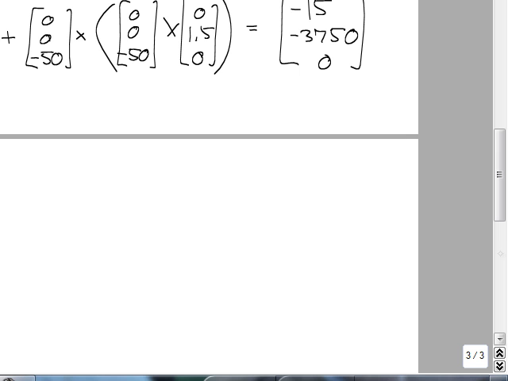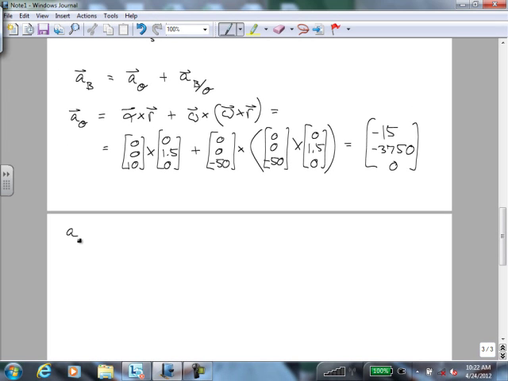Okay, and now we have to calculate the acceleration of B relative to the origin. And this is the one where we're going to use the fact that this coordinate system is rotating.